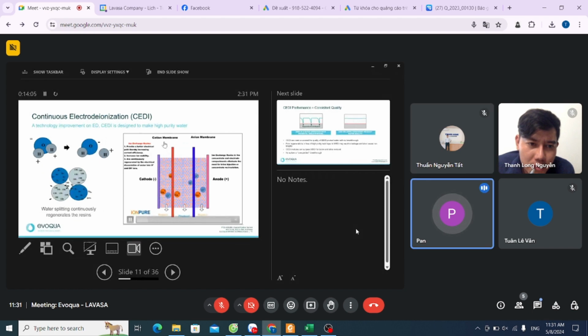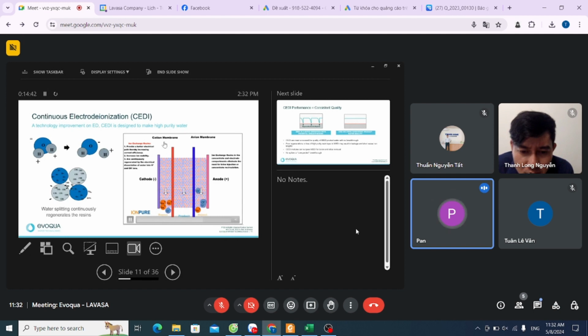In the EDI there's resin, like a mixed bed. When you pass the 2-pass RO water through, after some time the quality will go down, because it's a mixed bed. The special thing about the EDI is that it runs on electricity, on DC current. When you pass water through and the quality goes down, at the same time there's water inside, H2O.